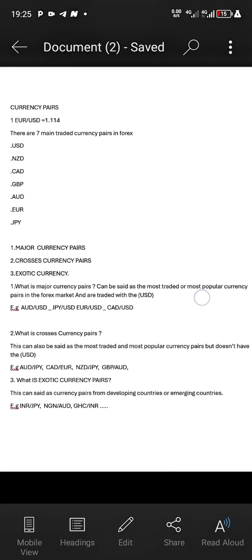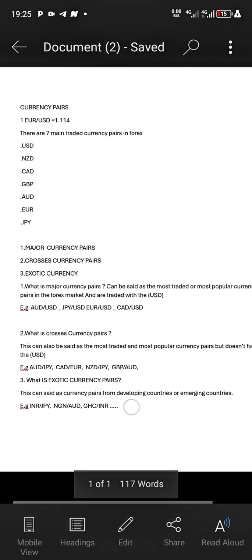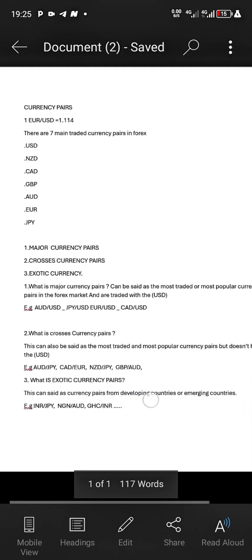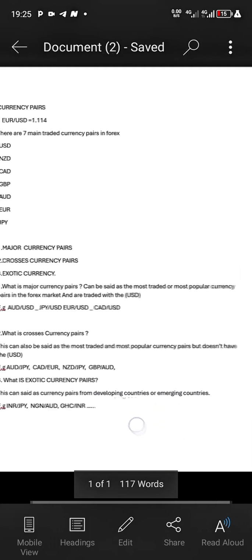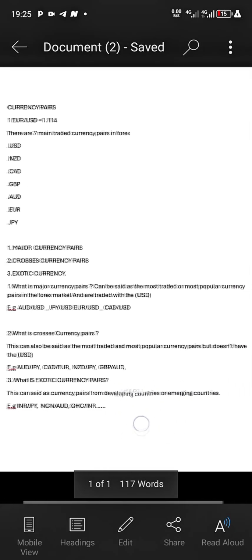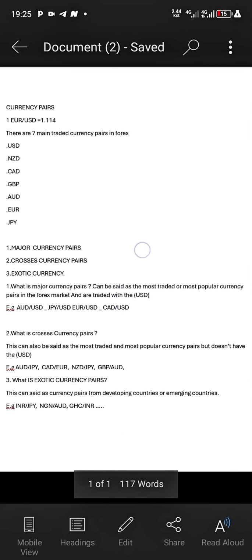So individuals or traders, buyers and sellers, whatever you call them, are not into these markets. There are fewer traders in this market. But in the major currency pairs, I say there is high volatility, which means there are more people trading this market. As prices are changing, the value is increasing.